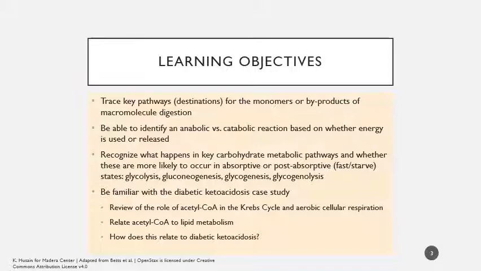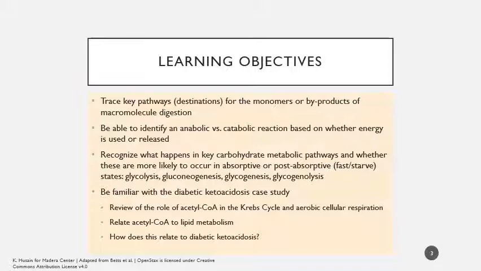We're thinking about what happens when those key carbohydrate metabolic pathways are in action, what they're doing, and whether specific pathways are more likely to occur in absorptive or post-absorptive states. So here it's important to remember from lab that when we say post-absorptive, we can mean fasting or we can mean starvation. So those are both technically post-absorptive, but they're a little bit different. So we have to distinguish what pathways are happening at any given time.